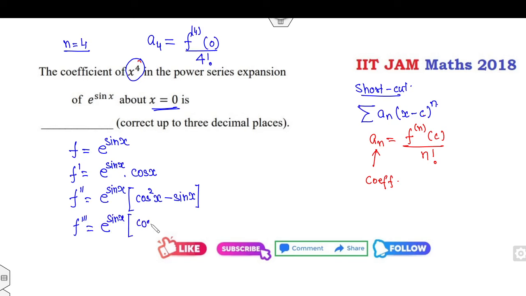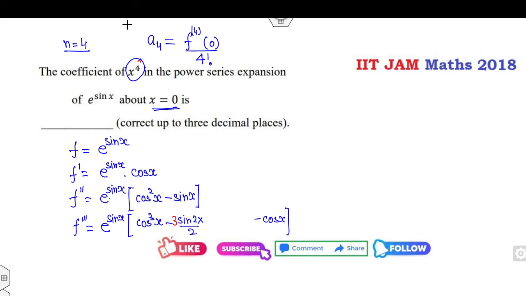So it will be cos cubed x, minus sin x times cos x, which I can write as sin 2x divided by 2, minus sin 2x, minus cos x. I use the product rule: first function times the derivative of the second, plus second function times the derivative of the first. Now you can see that I can combine these two expressions. I can write this as a simple 3 over 2. Now you can find the fourth derivative.